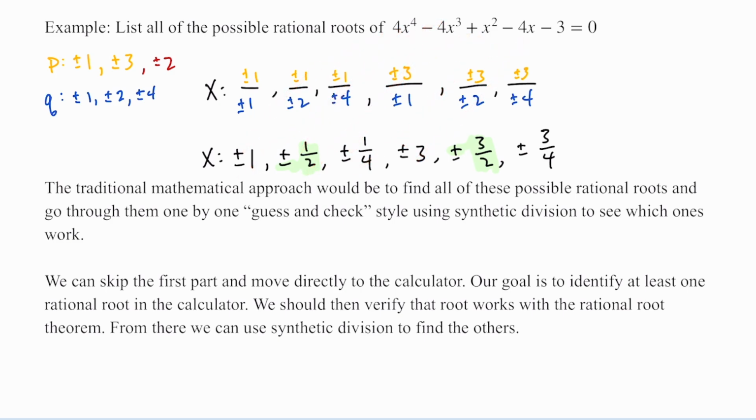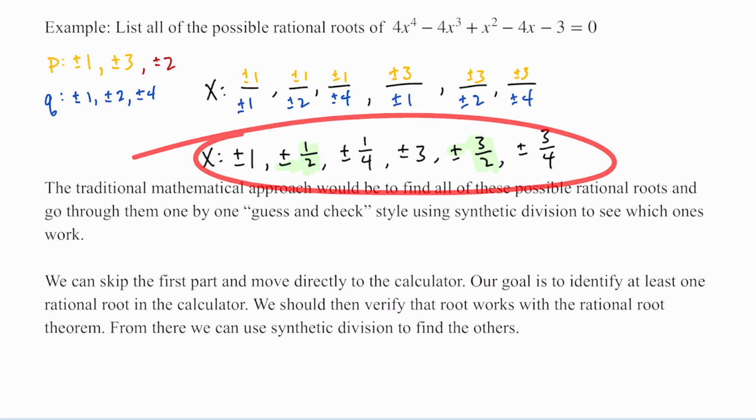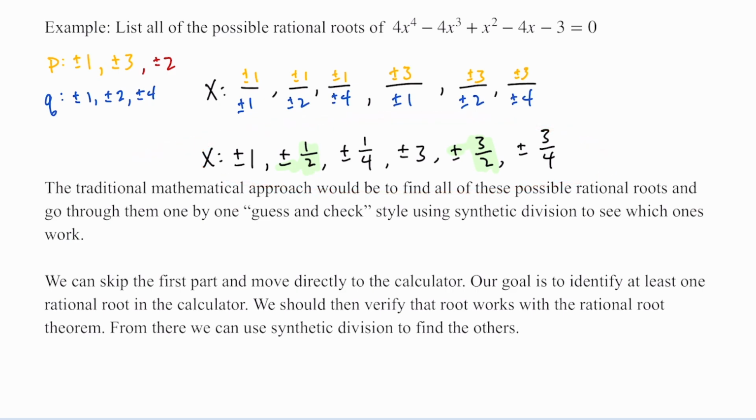If any of those gives me 0 as a solution, or with synthetic division, 0 as a remainder, then that's a factor of the polynomial. That's the process. You start here and you just go through, guess and check. You have to do it multiple times. In this case, we have to do it 12 times. And we would come up with 2 of the solutions, but we wouldn't know when to stop, so we have to keep doing it 12 times.